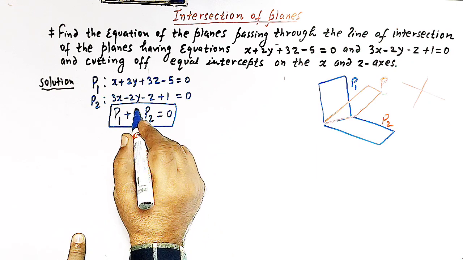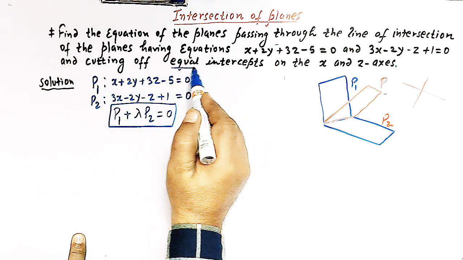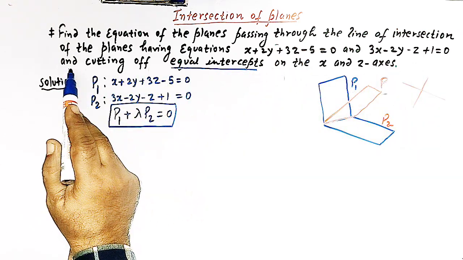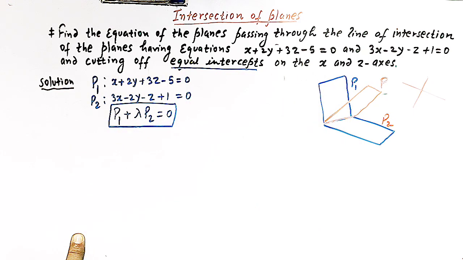We'll find out the value of this lambda by using the condition which is given as cutting off equal intercepts on the x and z axis.